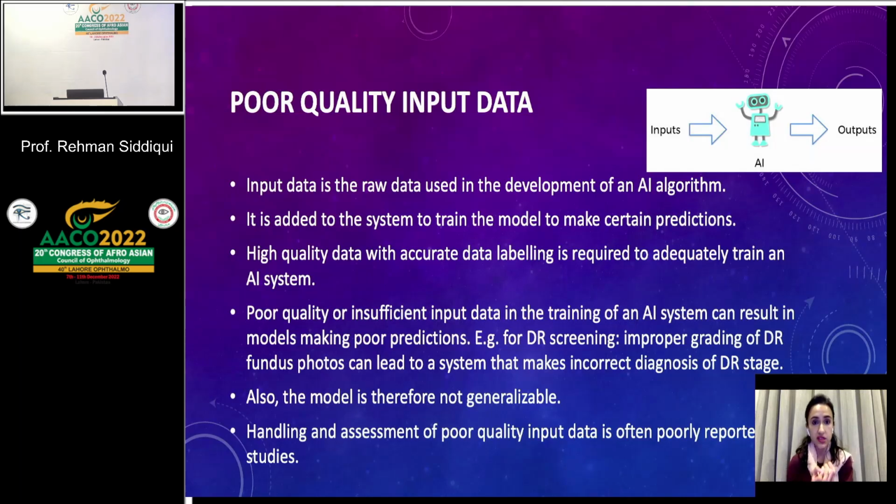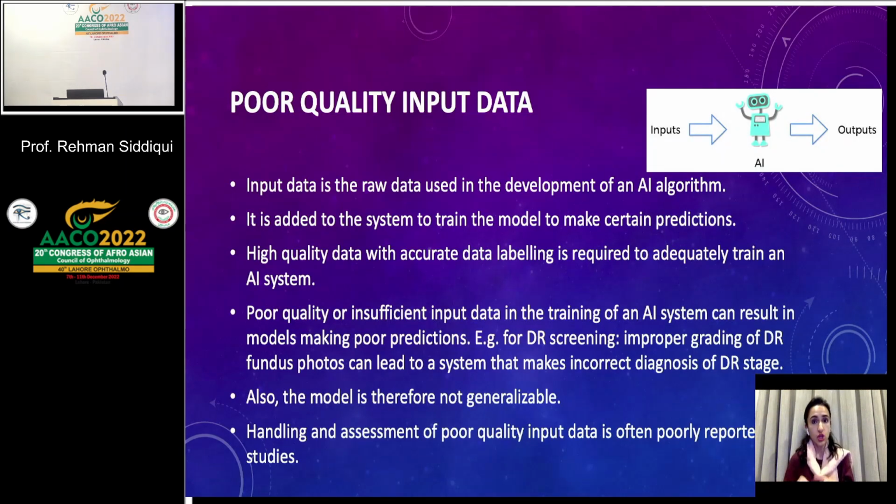Another thing that studies missed out on was telling us how poor quality input data is handled. Okay, so in any scenario, if you are developing an AI algorithm, it is not possible that every bit of input data that you have is perfect. For example, some images will be of substandard quality, will have artifacts.